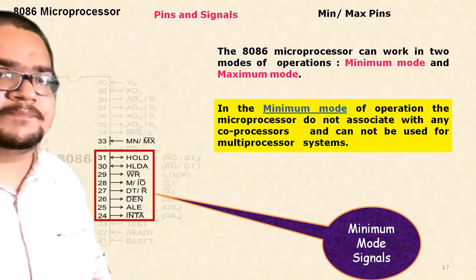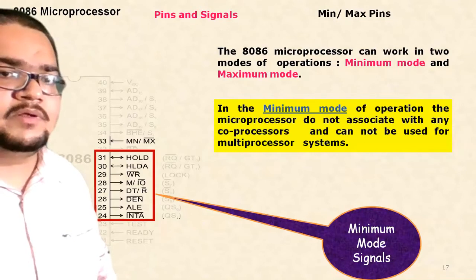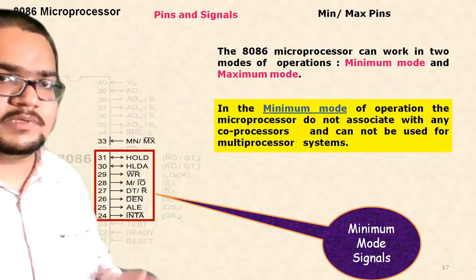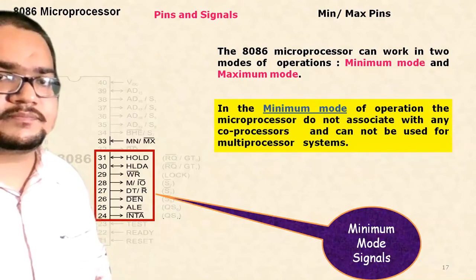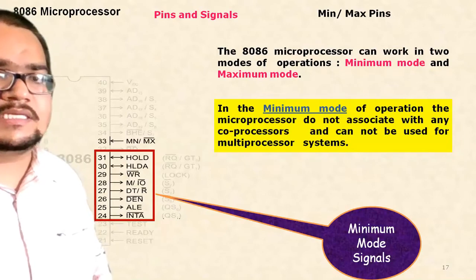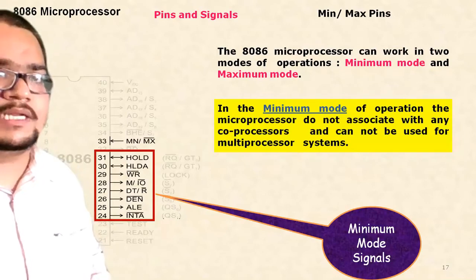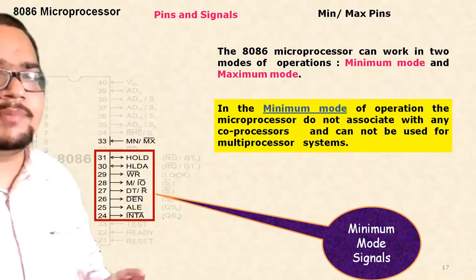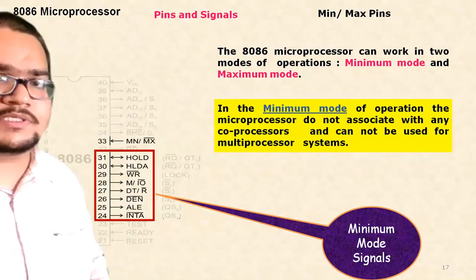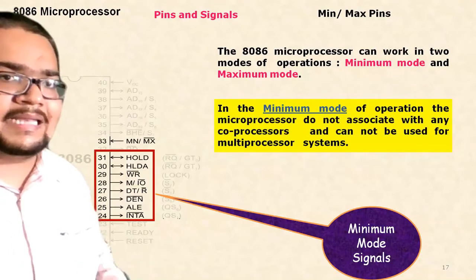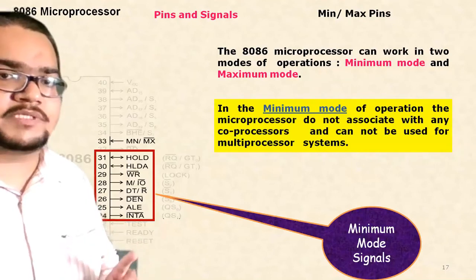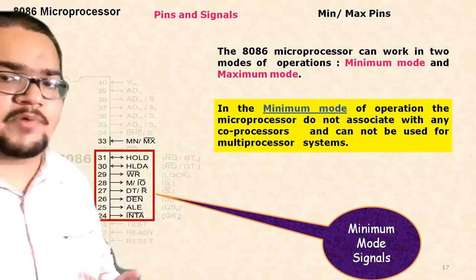These signals, how many are there? You can count them. 8 signals are there. These 8 signals are called minimum mode signals. Minimum mode is one in which the processor is not associated with any other co-processor and works in a system where only one processor is there, a standalone type of processor system.